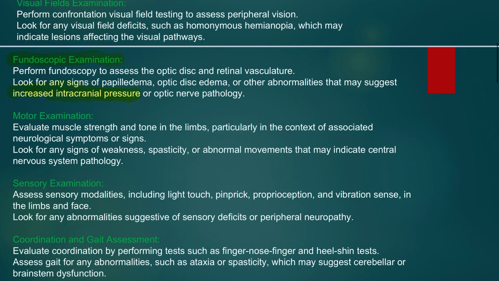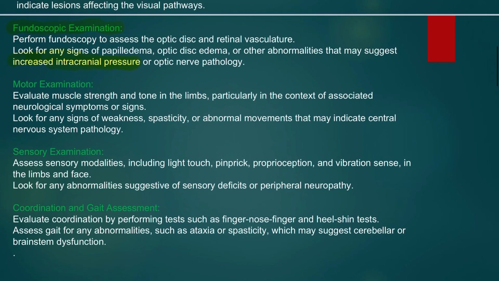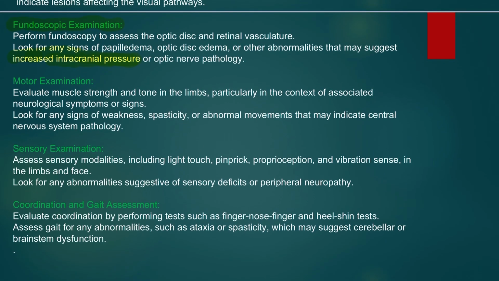Then you're going to move on and do the motor examination as well. Evaluate muscle strength and tone in the limbs, and look for any signs of weakness, spasticity or abnormal movements, because they may indicate central nervous system pathology causing the 6th nerve palsy.